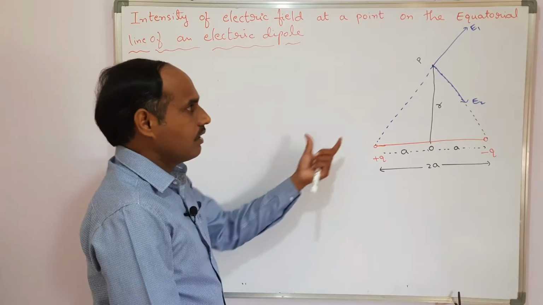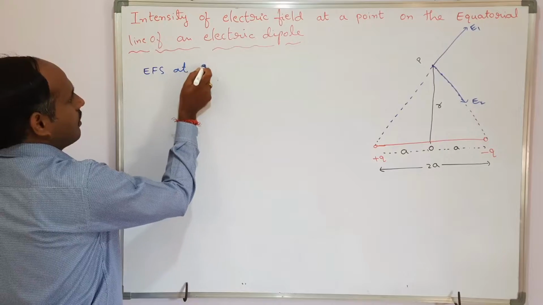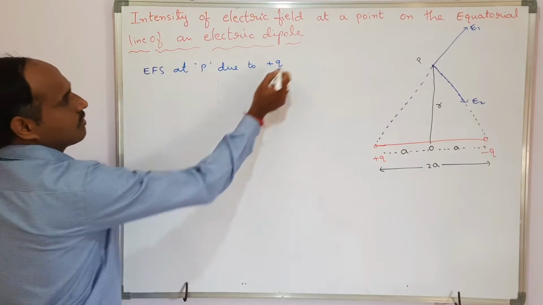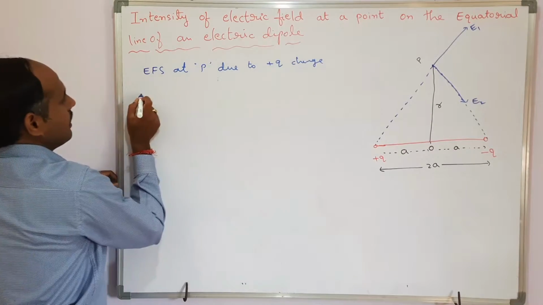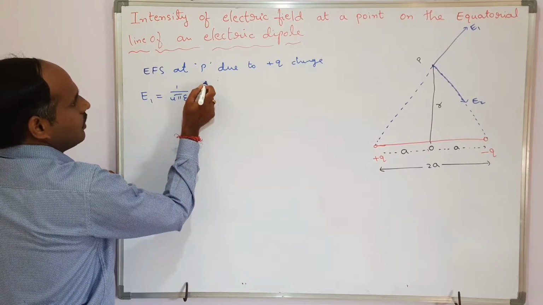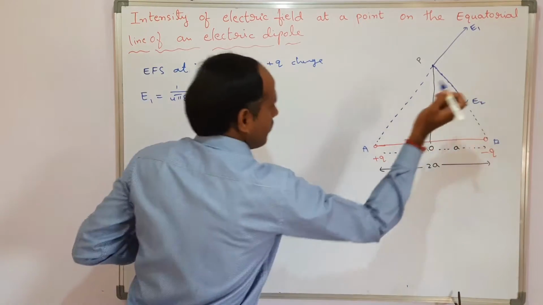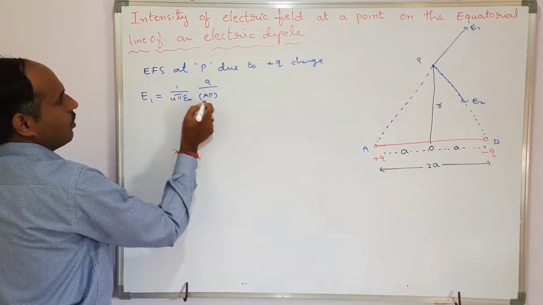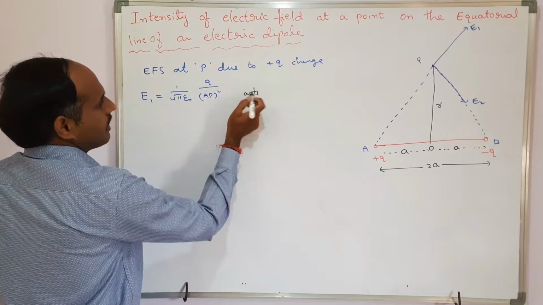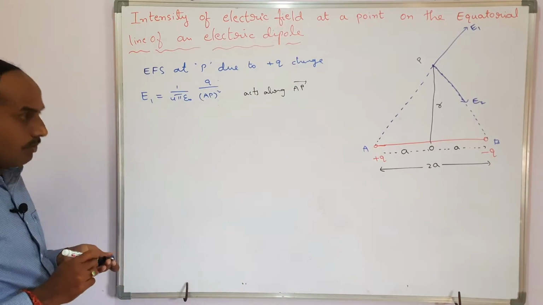So now we can write the electric field strength at P due to the positive charge, plus Q. E1 is equal to 1 by 4 pi epsilon naught into Q by AP whole square, where, for our convenience, this is point A and here is point B. It acts along AP only, meaning away from A, along the direction of the positive charge, right?